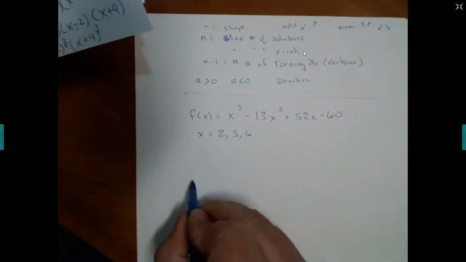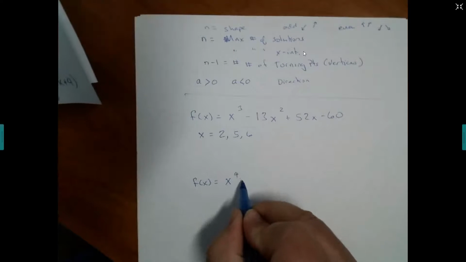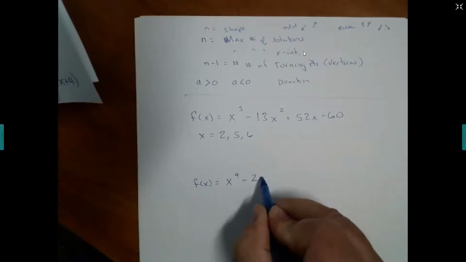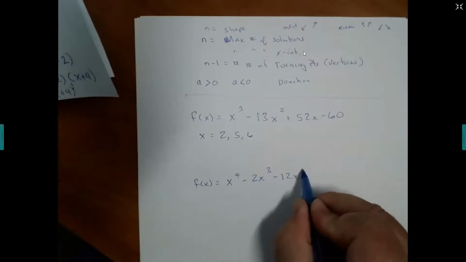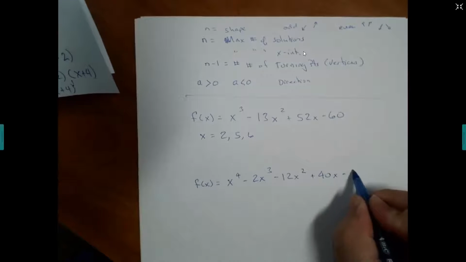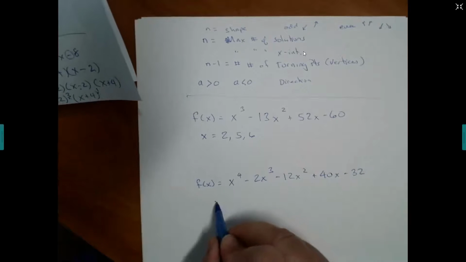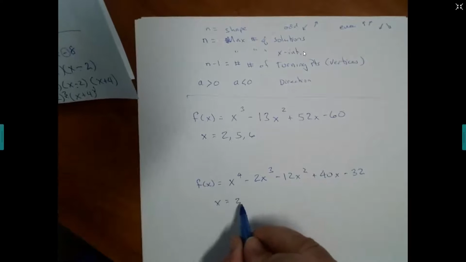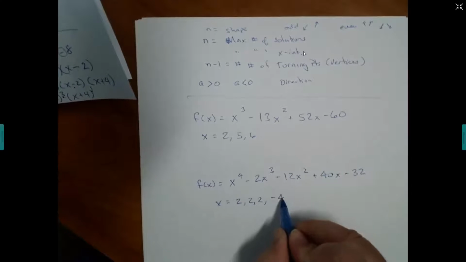And the second one we looked at, x to the 4th minus 2x cubed minus 12x squared plus 40x minus 32. The solutions there were x equals 2, 2, 2, and negative 4.